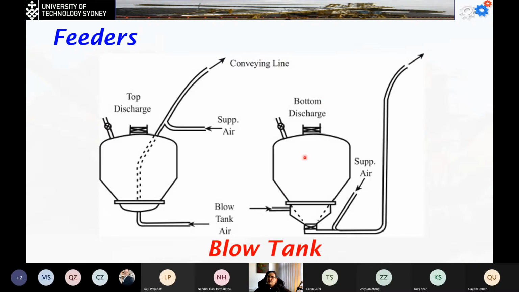The other one is the bottom discharge. We're going to blow the tank from the bottom. We're going to supply the material through the conveying pipes, and it's going to go to the conveying system.